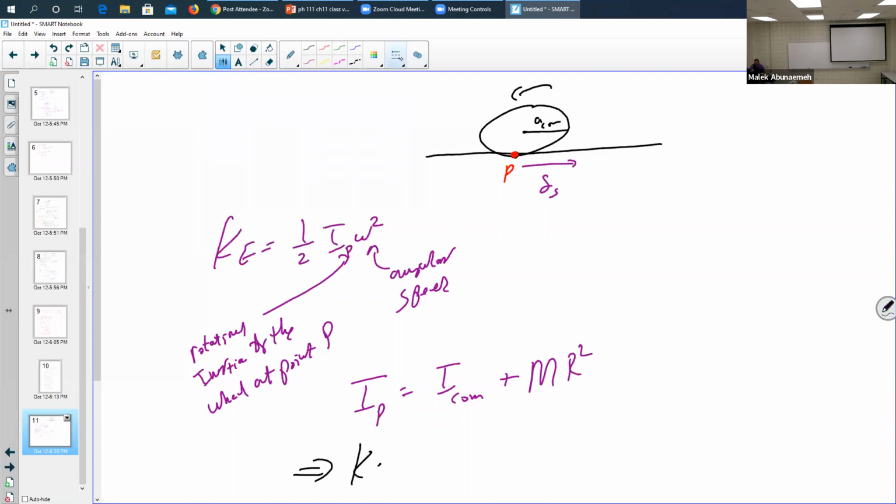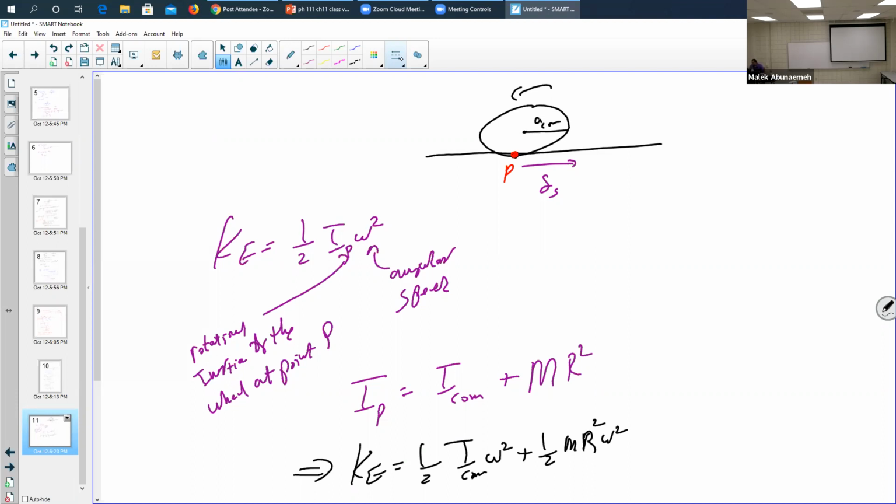So that means your kinetic energy is going to equal 1/2 I center of mass omega squared plus 1/2 mr squared multiplied by omega squared. And again, R is the radius.